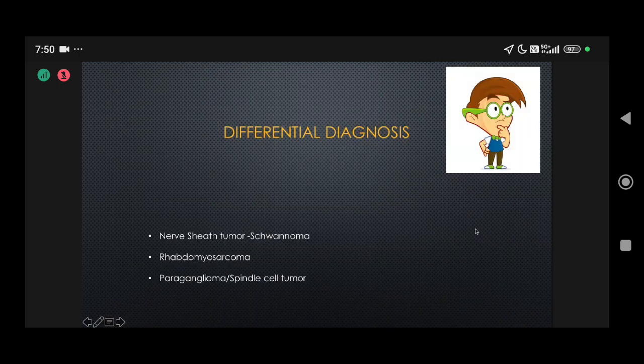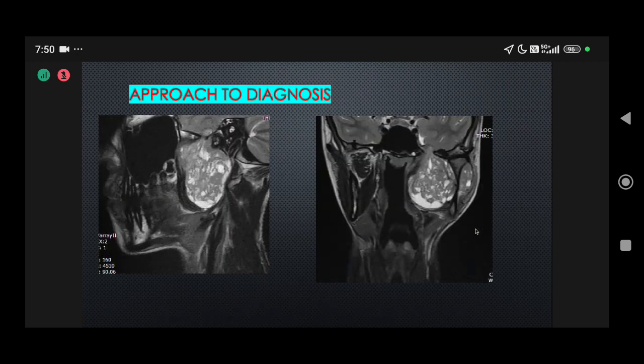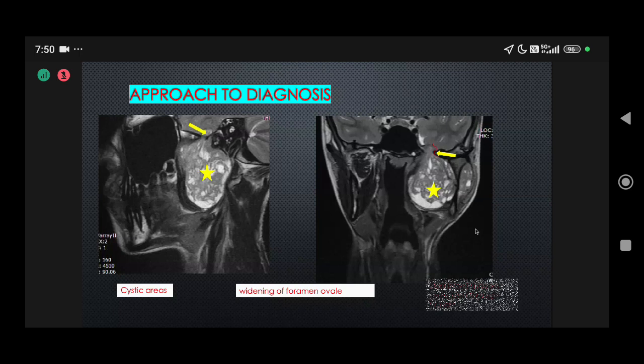So the differentials could be a schwannoma, or a rhabdomyosarcoma, or a spindle cell tumor, or paraganglioma. So in the approach to the diagnosis, first of all, the lesion is showing cystic areas. It is causing widening of the foramen ovale, meaning it is arising from a structure which is passing through the foramen ovale.